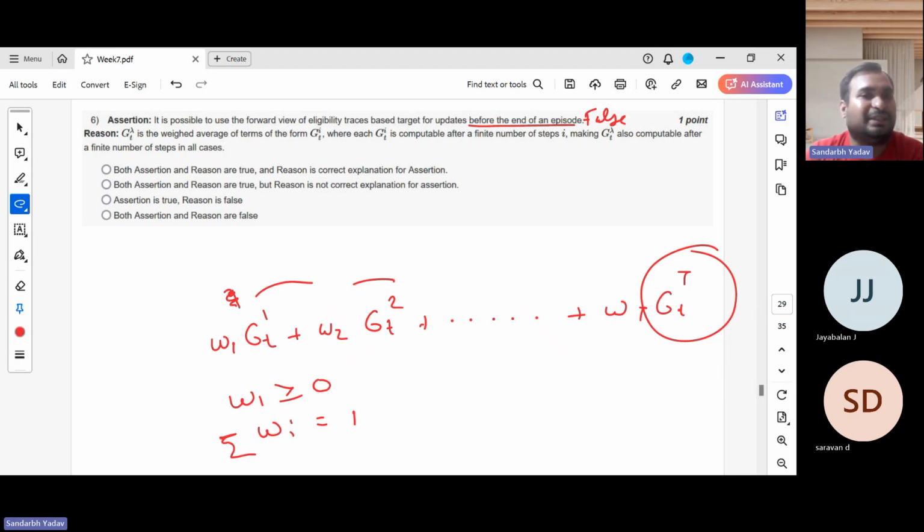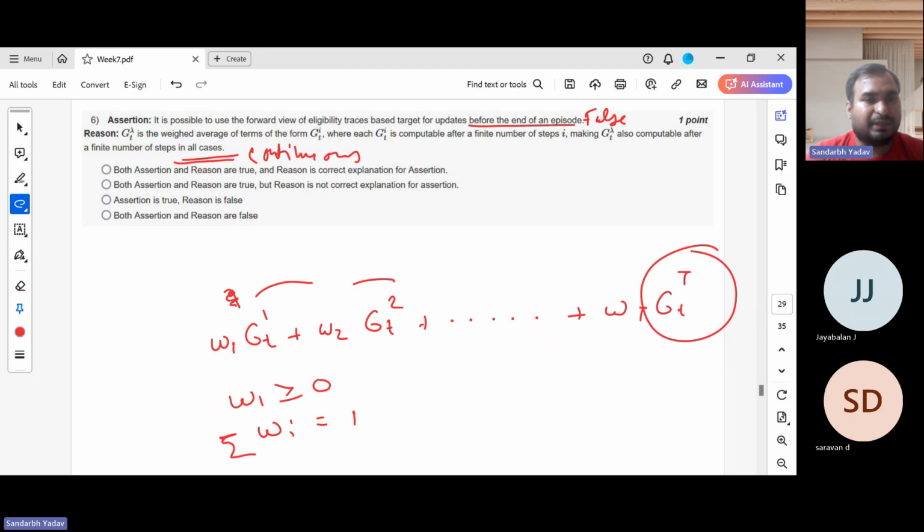But either way, we see the reason also. G_t lambda is the weighted average of the terms of this form, where each is computable after a finite number of steps, making G_t lambda also computable after a finite number of steps in all the cases. But this won't happen for continuing tasks, right?